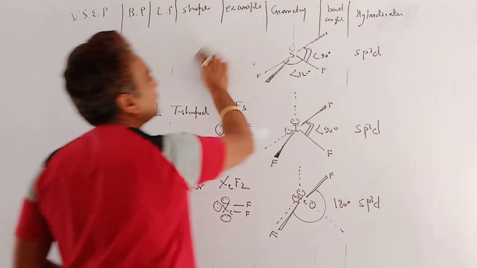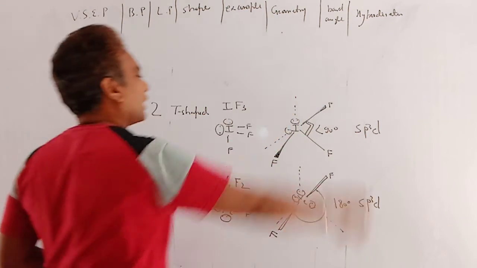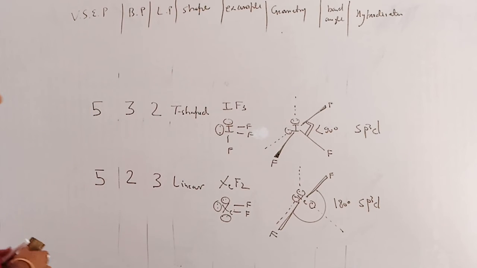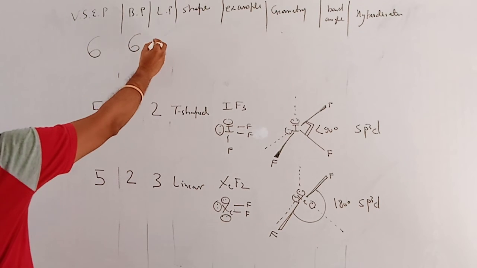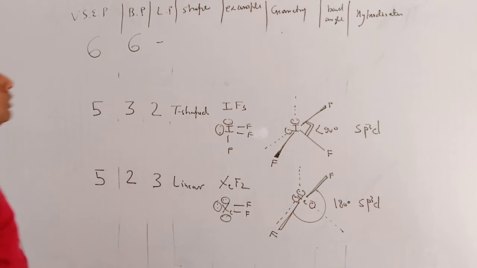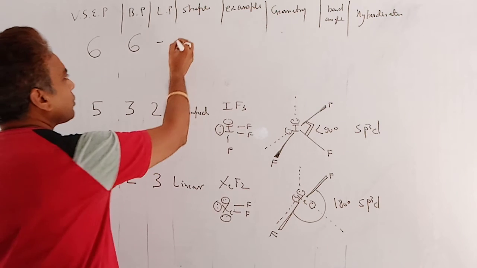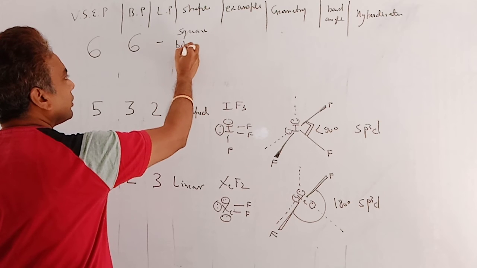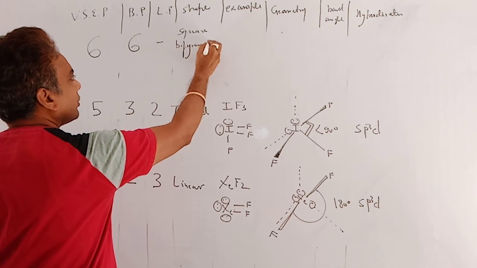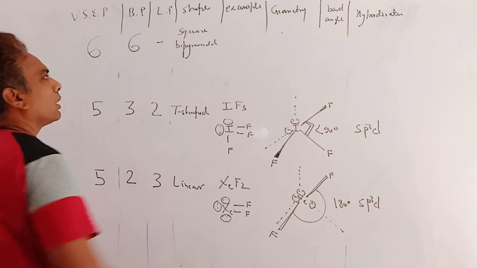Now next case which has 6 VSEP. All 6 are bond pair without any lone pair. So shape with respect to central atom is square bipyramidal.